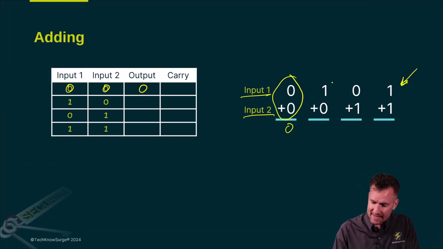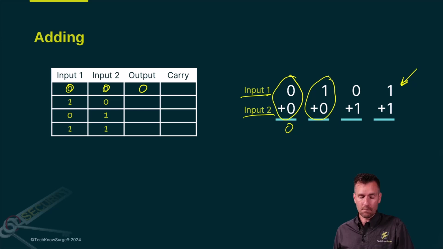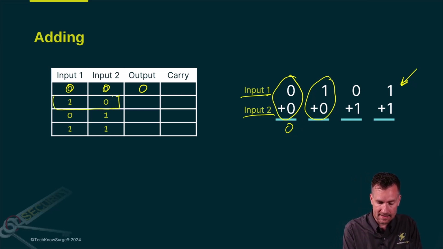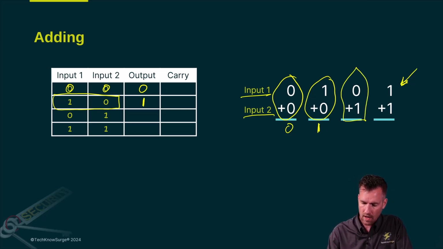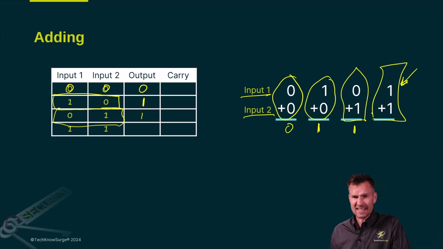All right, let's see what the rest of these are. So in this next scenario right here, it's 1 plus 0. So 1 and 0 are the inputs here. And we can see that that's going to be 1. So the output is going to be 1. 0 plus 1 is this one right here, which the answer is 1 there. So we've got that. And then 1 plus 1, this is where this column gets reset and we carry a 1 into the next column.